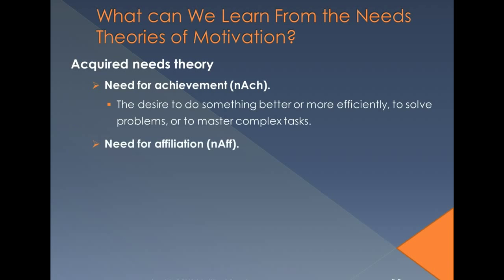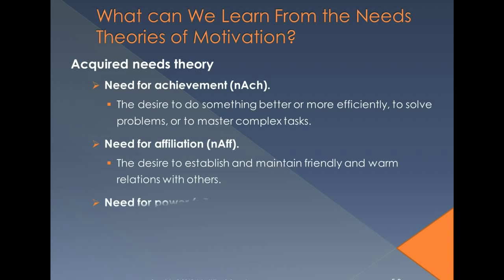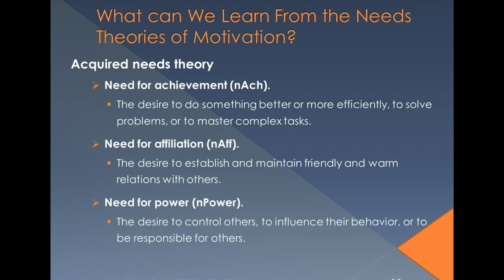So let's talk more about theories of motivation. Okay, acquired needs theory, need for achievement. So we've all felt this. We want to achieve. We want to be somebody. We want to do something better. So we like to solve problems and puzzles.